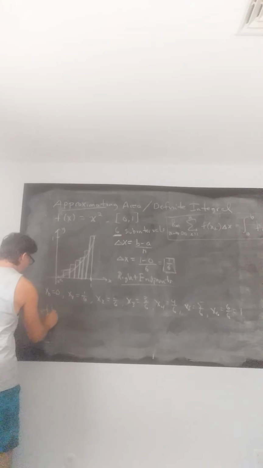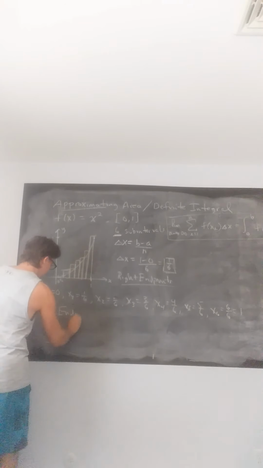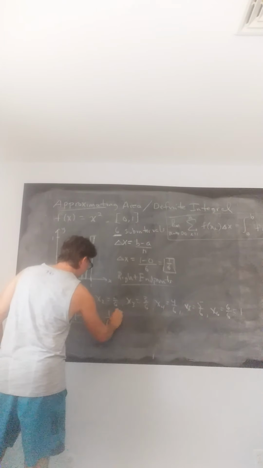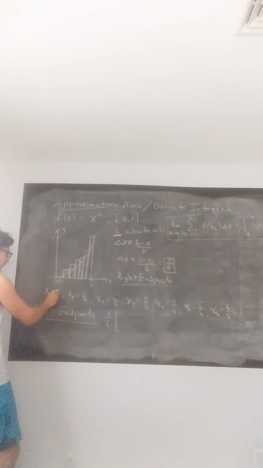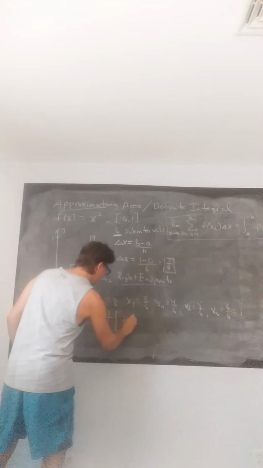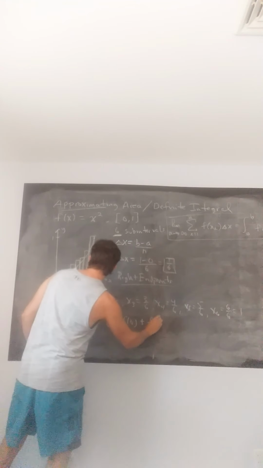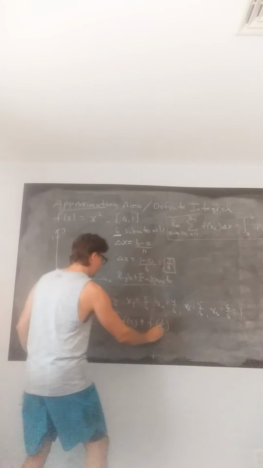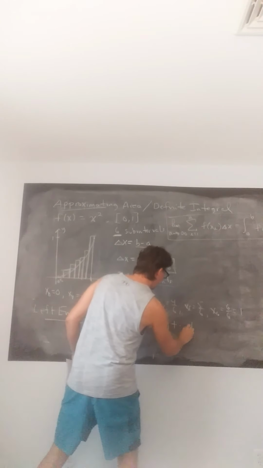So now let's approximate our left endpoints. That would be 1/6 times, now it's going to be f of 0 plus f of 1/6 plus dot dot dot, because we're going to add all these up.